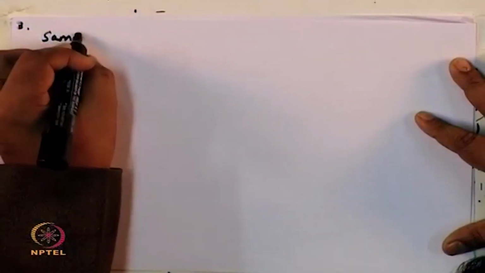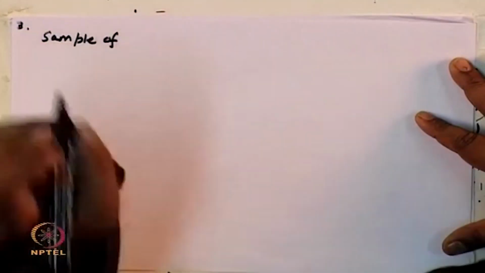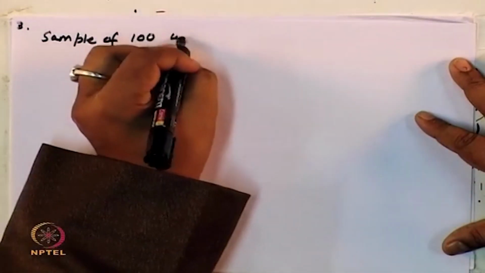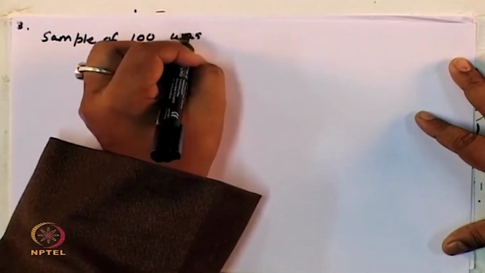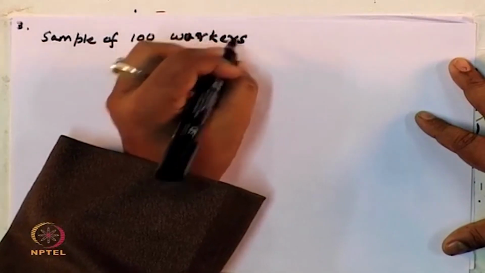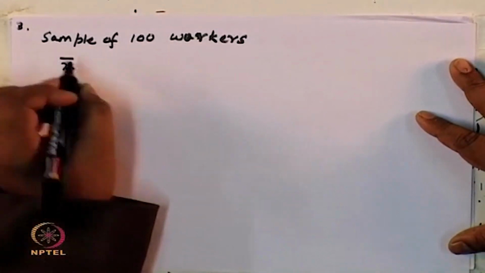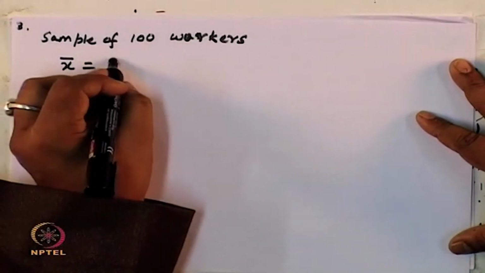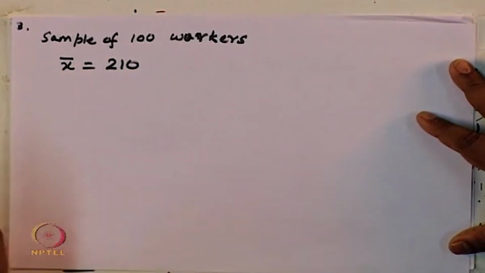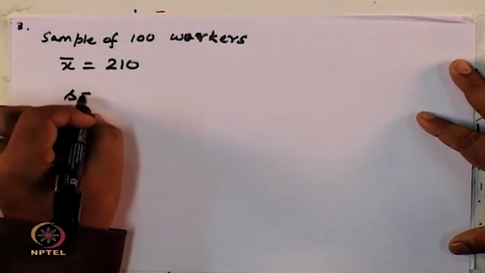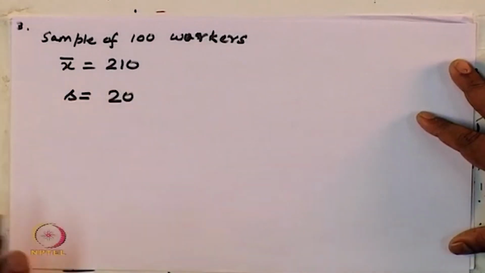Let us get back to the earlier example of national average versus local average. Let us say there was a sample of 100 workers that provided x bar equal to 210 and S equal to 20.